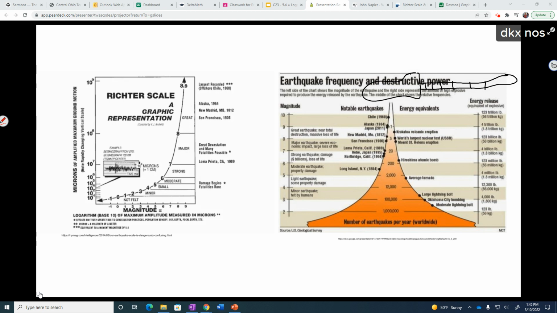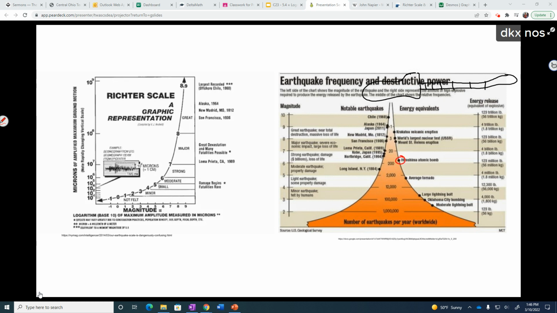And here's what the Richter scale looks like. It increases as you go up, and each one increases by a factor of 10. So 5 and under is really small, you probably wouldn't notice much, but as you get closer and closer to 10, which is the highest on the Richter scale. This chart's kind of neat because it shows you the equivalent to different energy releases, like atomic bombs.